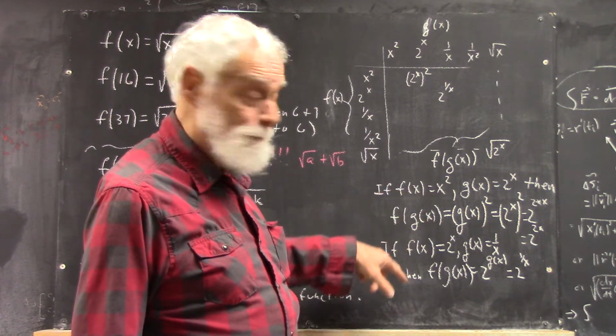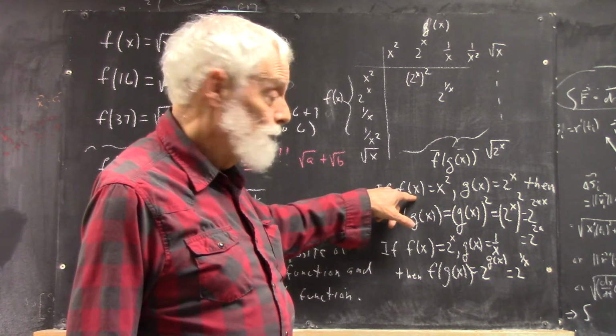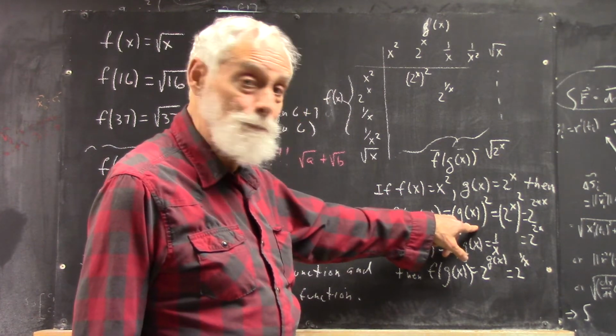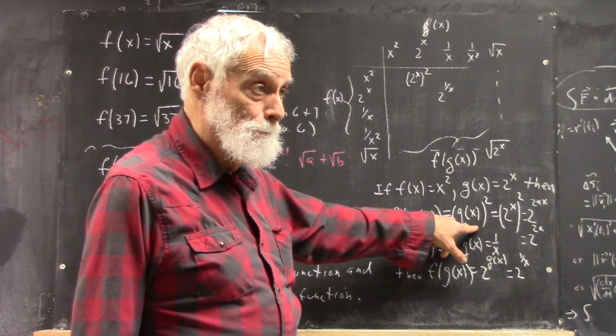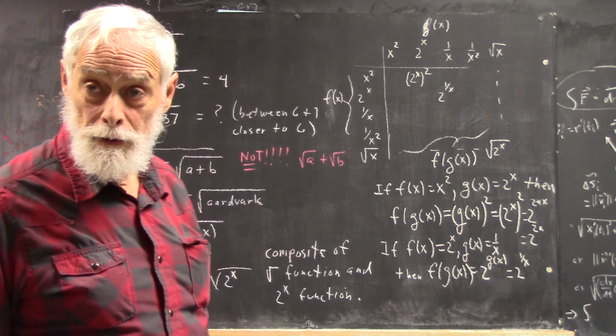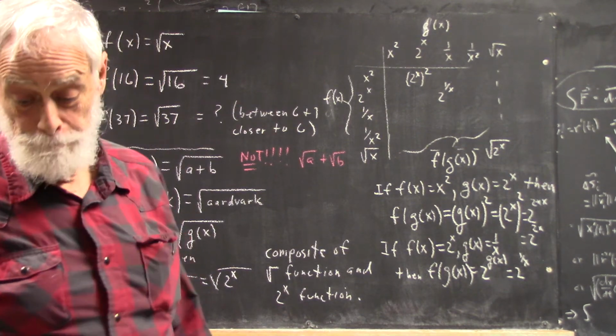Okay? So if g of x replaces x, then every x becomes g of x. Okay? And then you try to use the rules of exponents or whatever to write your function.